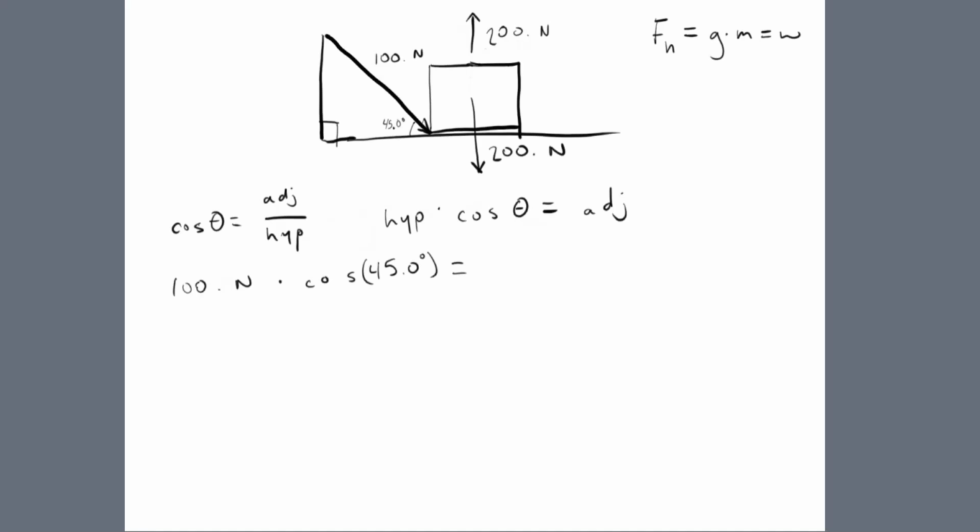Now the cosine of 45 degrees isn't a straightforward number, so it's going to give us approximately 0.707. If we multiply that by 100, we get 70.7 newtons, which is our angular component in this direction.